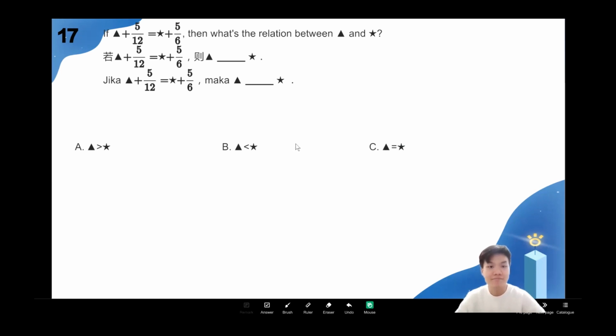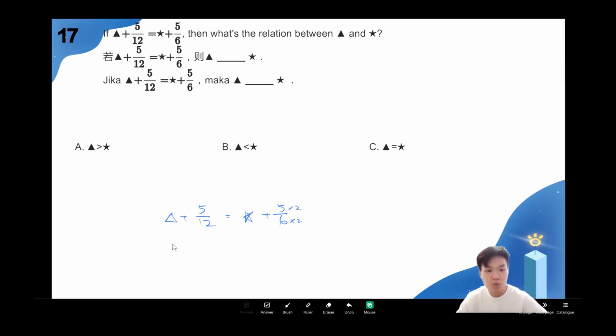Question 17. If triangle plus 5 over 12 equals star plus 5 over 6, then what's the relation between triangle and star? You can see there are 2 different denominators. Let's make it equal by timesing 2 to this right here.